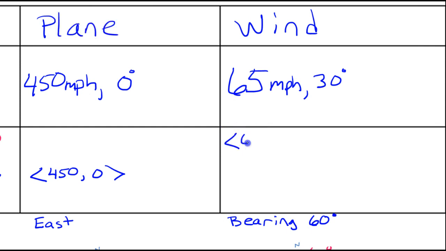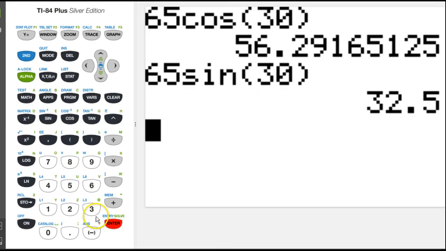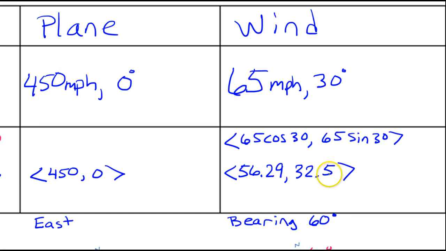So r cosine theta would be 65 cosine 30. And r sine theta will be 65 sine 30. Just run this through your calculator. The horizontal component is 56.29, while the vertical component is 32.5. And we'll just record that on the chart right here.